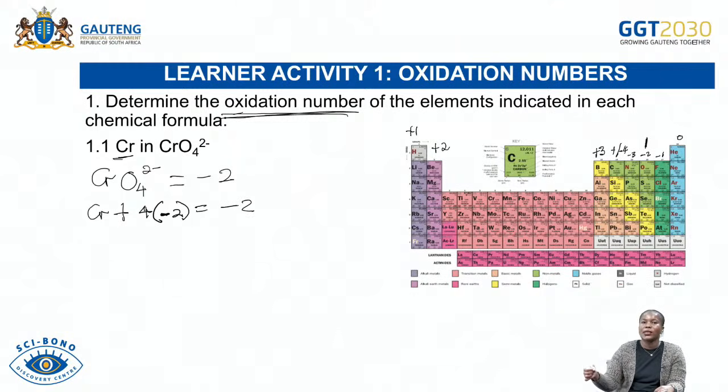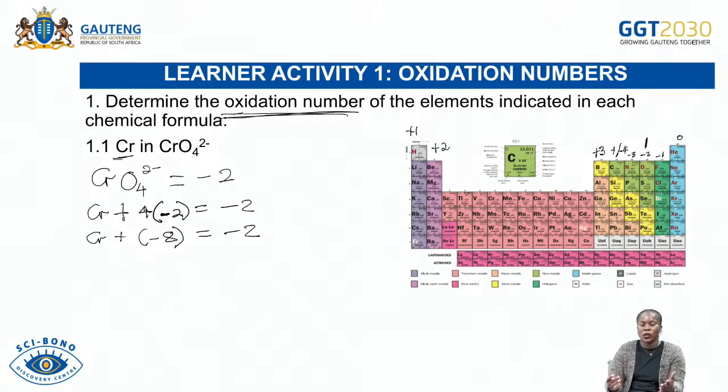And why are we equating it to -2? Because it is a polyatomic ion, so it has to be equal to its charge. The charge of it right now is 2-. Okay, and then now we start working things out so that we find the oxidation number for Cr. So this is going to be Cr plus 4 times -2, that is -8, equals -2.